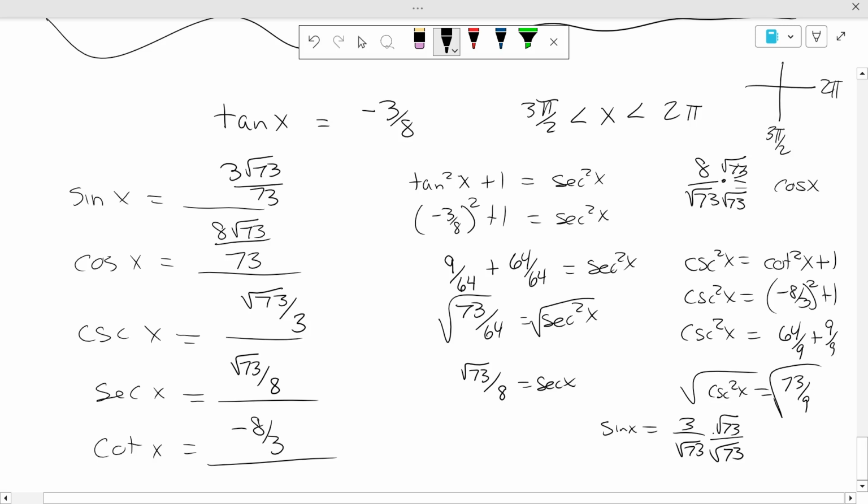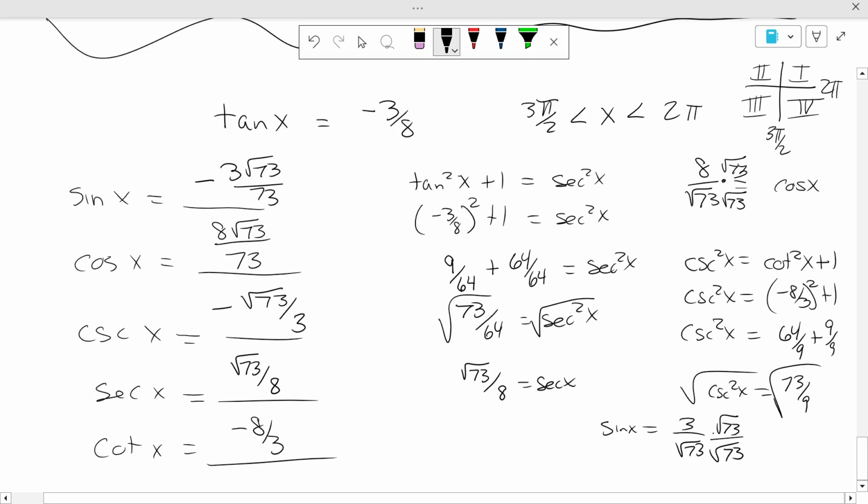It's 4. So, what is positive in quadrant 4? Cosine, and so also secant. Cosine and secant are positive. So sine and cosecant are negative. And then cotangent and tangent are both negative. Okay? So you have to be careful of that.